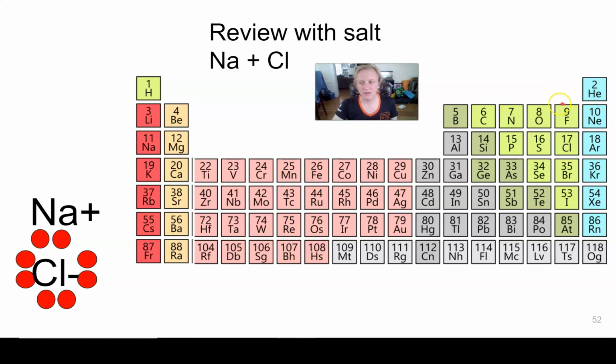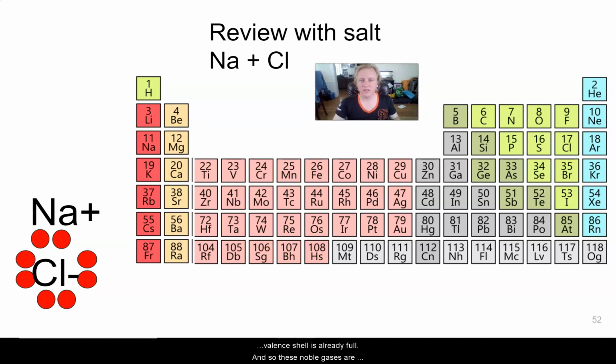These are called the halogens. So everything in the halogen group has 7 valence electrons. And everything in this is called the noble gas group, has 8 valence electrons. So everything in the noble gas group already has a filled valence shell.